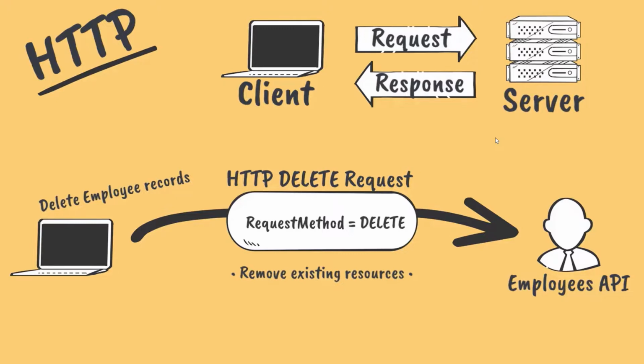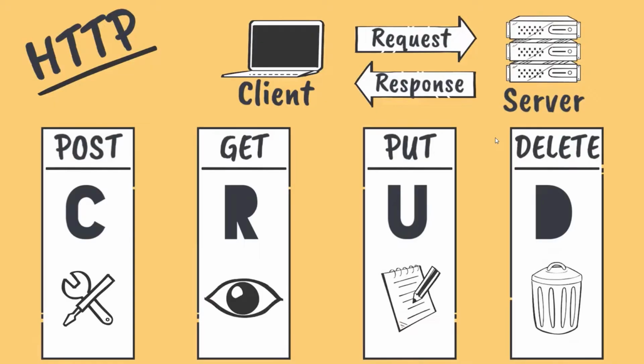These four most common HTTP verbs correspond to four basic CRUD operations: create, read, update, and delete, which make up the most basic functionality that most web APIs are expected to provide.